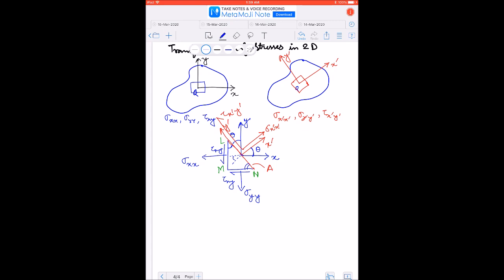So we are now in a position to go ahead and do the force balance along the x direction.